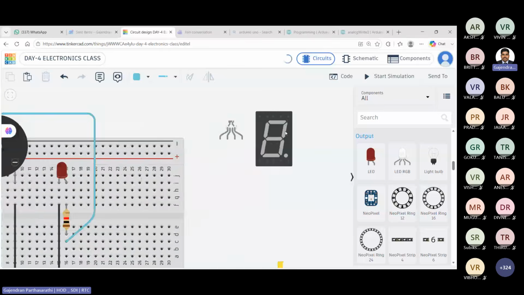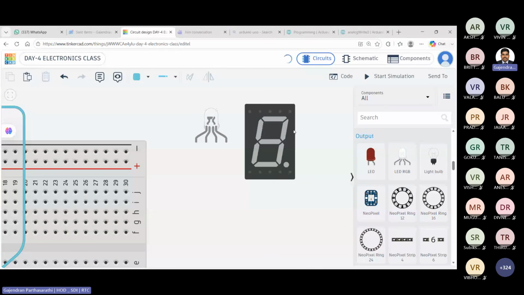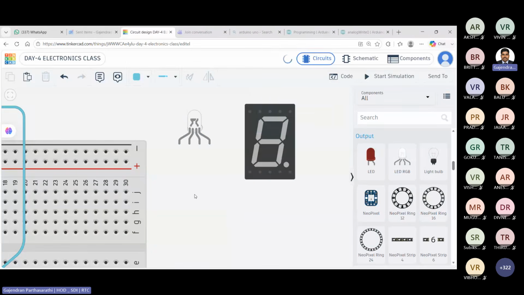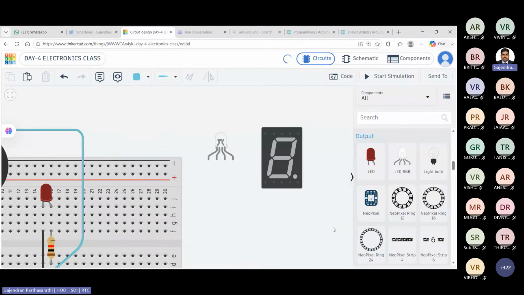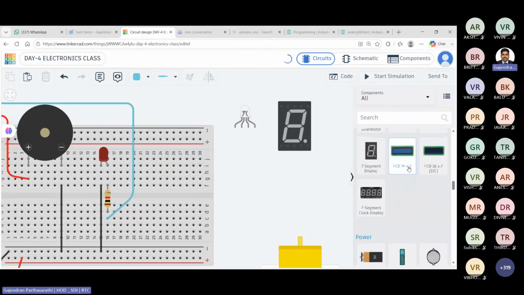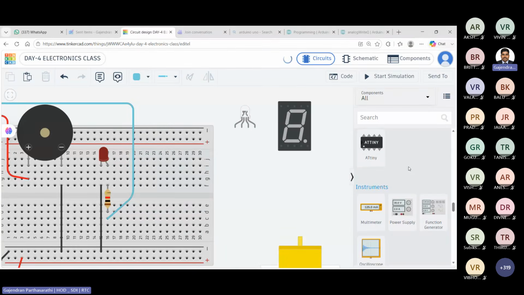The 7-segment LED you play only digital, but the tricolor LED you try with analog as well as digital. These two are today's exercise that you are given to play with the digital write functions. Tomorrow we will learn the digital read function, followed by which we'll start interfacing all the sensors available in Tinkercad.